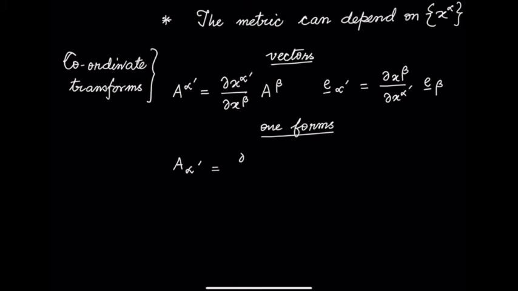So this is del x beta, now primed comes downstairs, and this is W, not E, the basis one forms. The prime comes upstairs in the transformation rule.